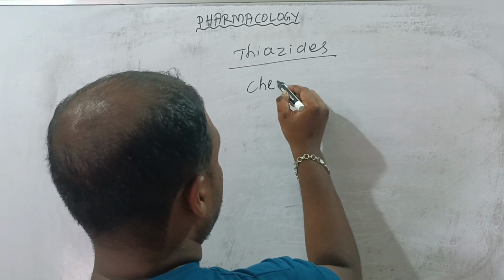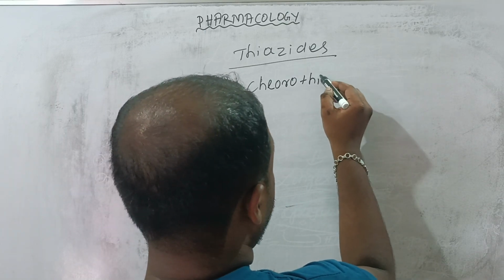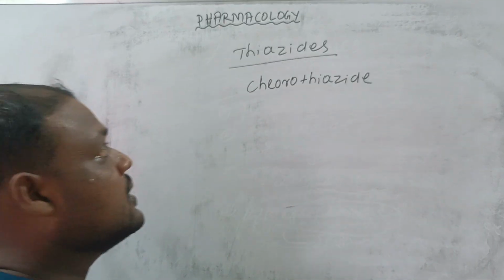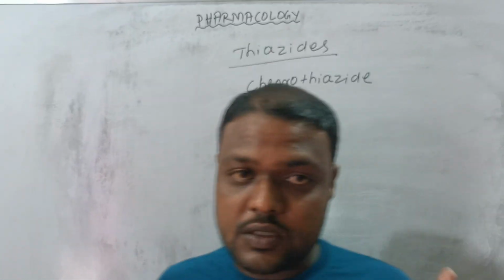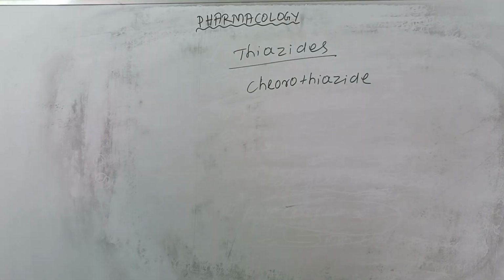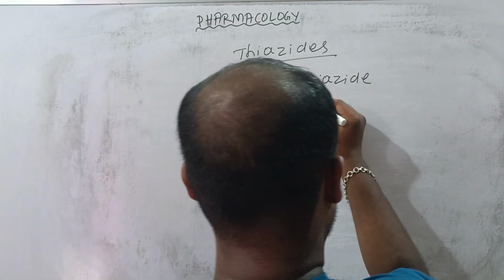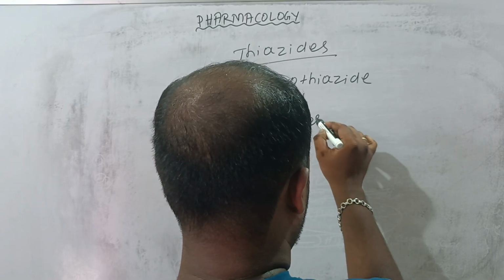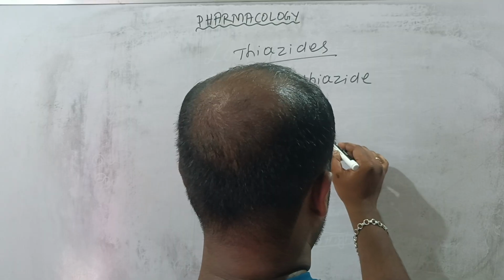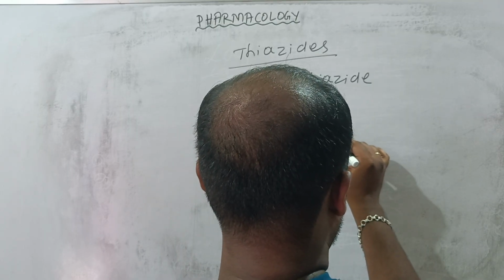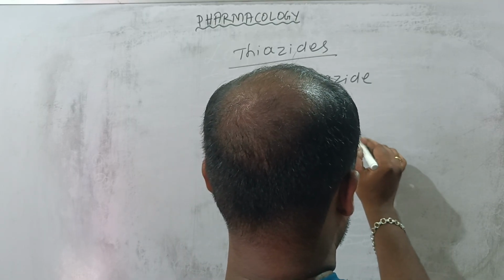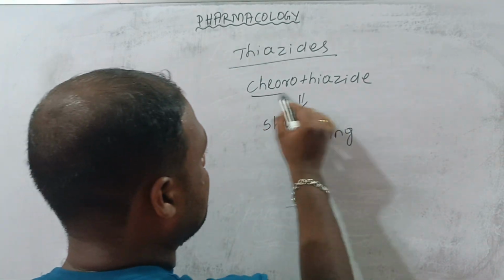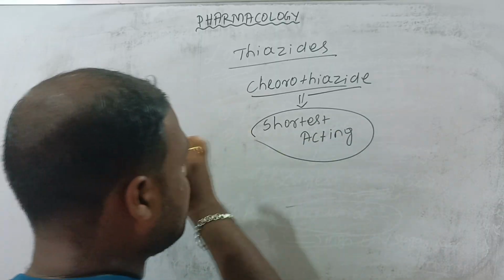First is chlorothiazide. The thiazide diuretic, first drug is chlorothiazide. Chlorothiazide is the shortest acting drug.